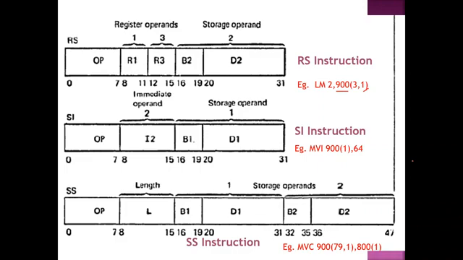One example of SS instruction is MVC. What we are doing in MVC is a copy or move, not of one location. It's not contents of one location. We are going to move contents of L locations. See the example, MVC 900 of 79 comma 1 comma 800 of 1.